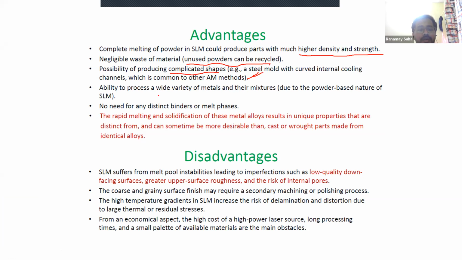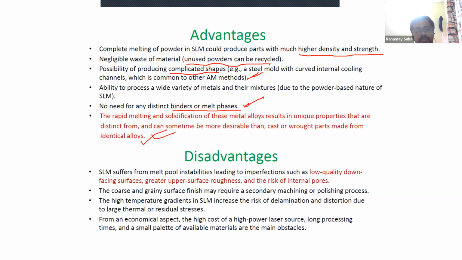Okay, and then here no distinct binders or melt freezers are required because the powder itself is getting melted, right? You don't need additional melt freezers or binders. And you can get unique properties that are distinct and sometimes more desirable. Okay. So these are the advantages.